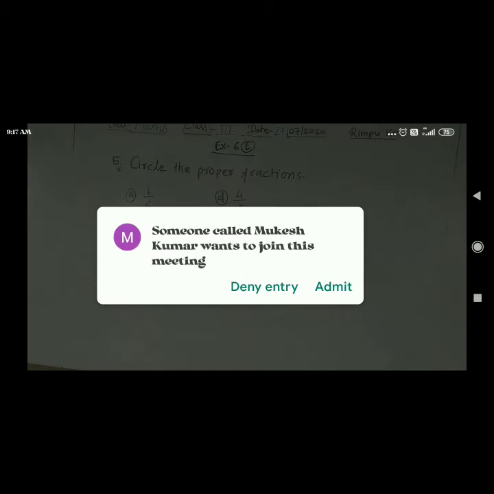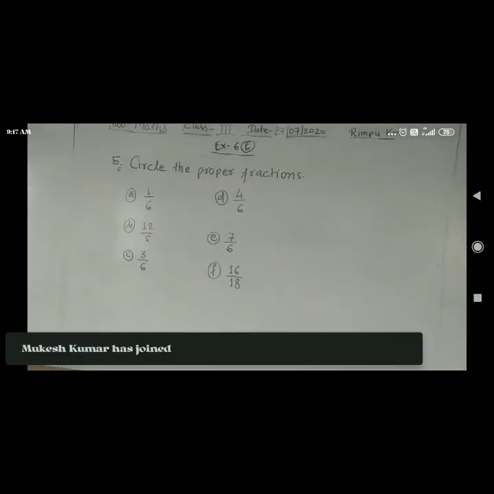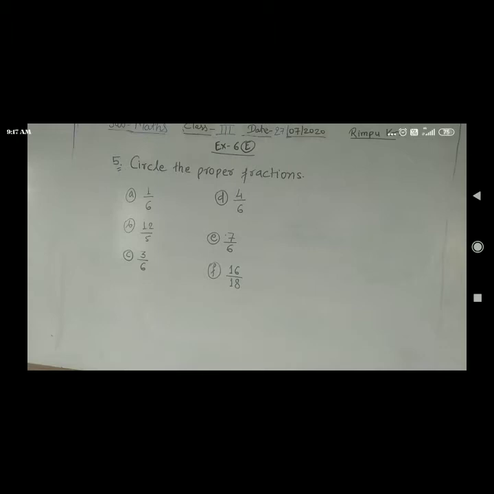Saksham Kumar, do you listen to me? Yes, sir. What is a proper fraction? A proper fraction is a type of fraction in which the numerator is less than the denominator. Example 1/2.